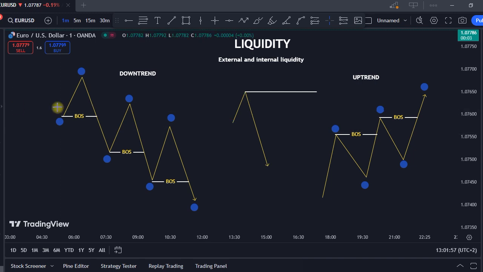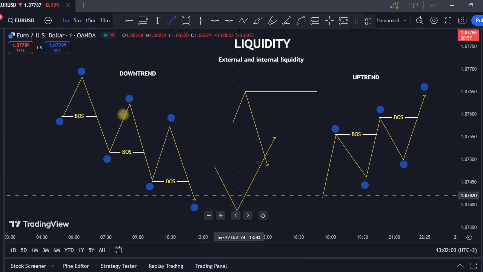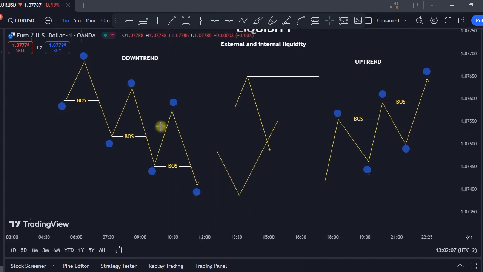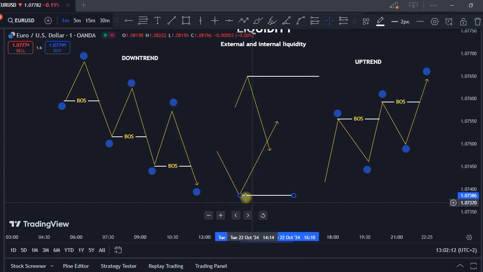Or if we're having this kind of structure, we do not expect the market to take out this low over here. So this is going to be our significant low, and this is going to be our significant high.